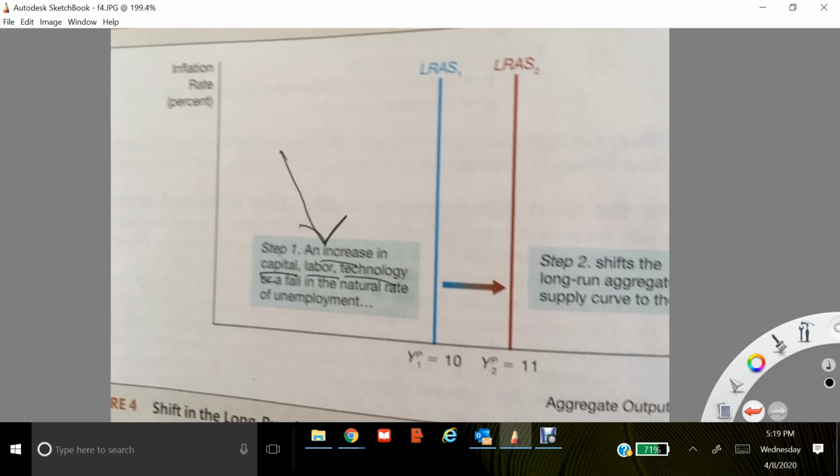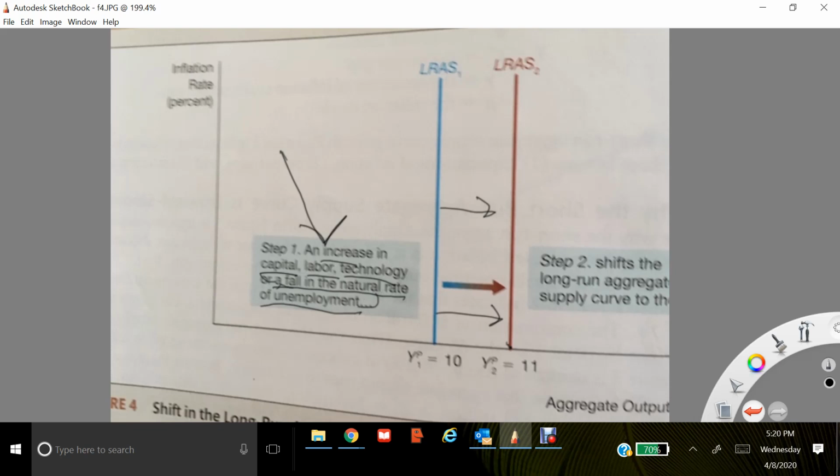Obviously, if any of those factors increased, you would have an increase in the potential output, okay? And so you would have a shift to the right of the long-run aggregate supply curve. And here, another factor that the text goes into is a fall in the natural rate of unemployment. Okay, natural rate of unemployment.